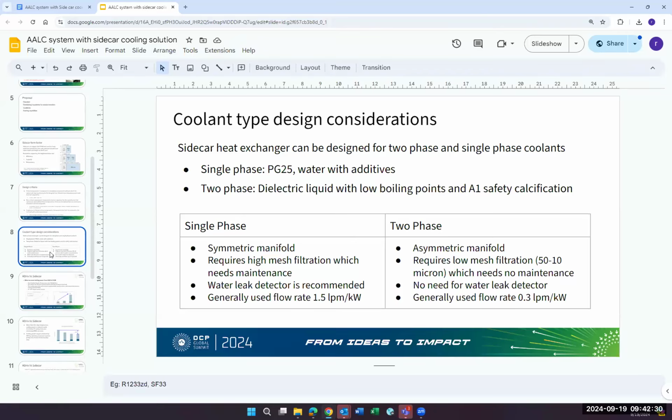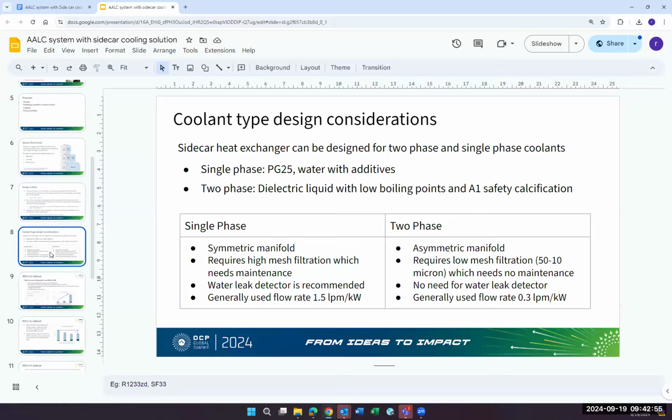In that case, the other parts, the mechanical parts, are actually the same. It doesn't matter if it's single or two-phase. Tubing is very much the same. There are some parts where you try to remove the water bubbles from the flow in a single phase. In two phase, you don't do that.